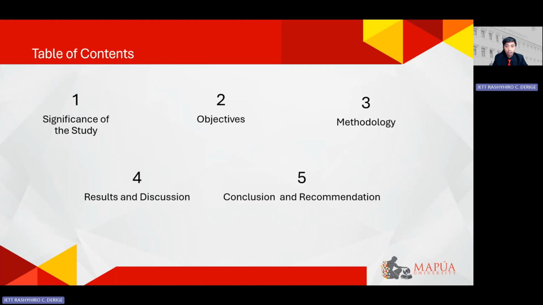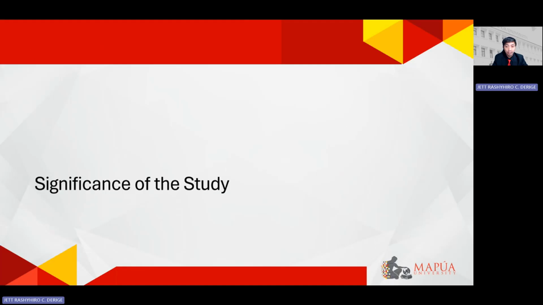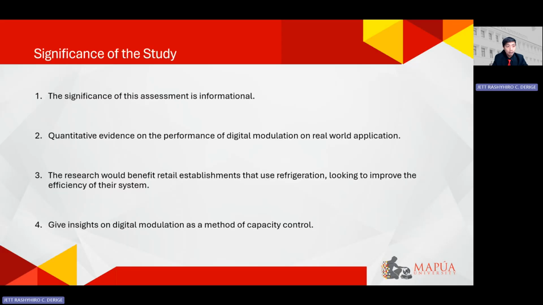So here are the parts of the presentation. For the significance of the study, basically, this would provide insights on the operation of the unit, also quantitative evidence on the performance of digital modulation on real-world application, especially that we have operated this study on an actual retail store in the United States.